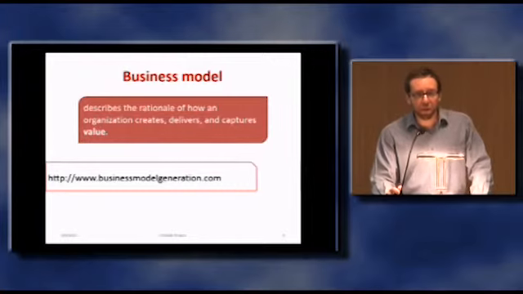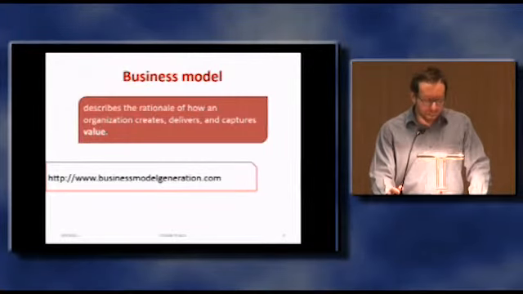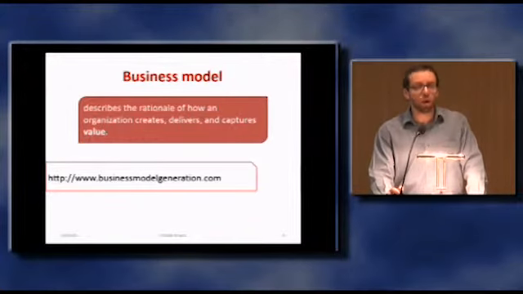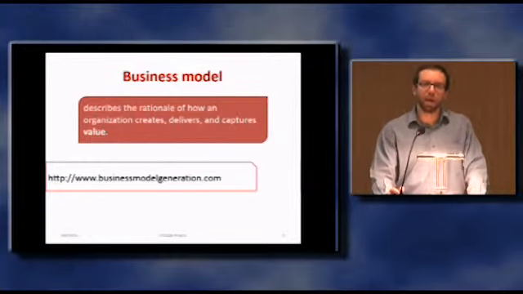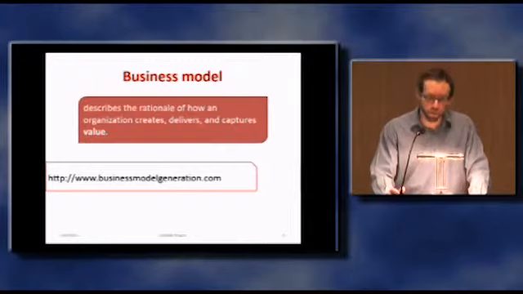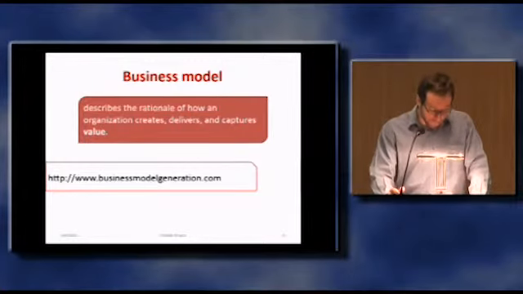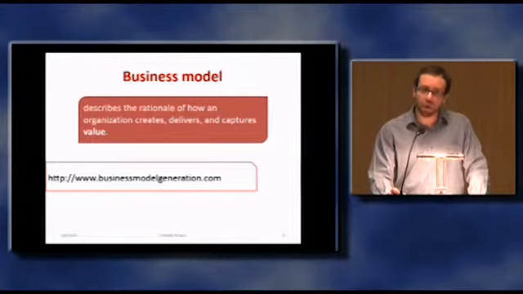So in this manner, a business model is something that describes the rationale of how an organization creates, delivers, and captures value. This definition comes from Alexander Osterwalder's book, called Business Model Generation, a handbook for visionaries, game changers, and challengers.